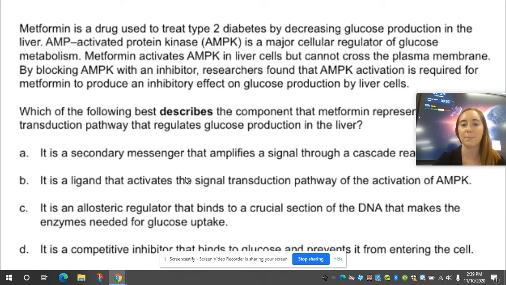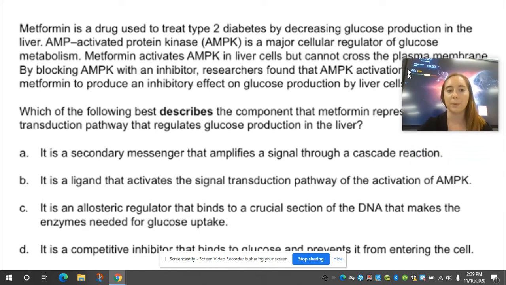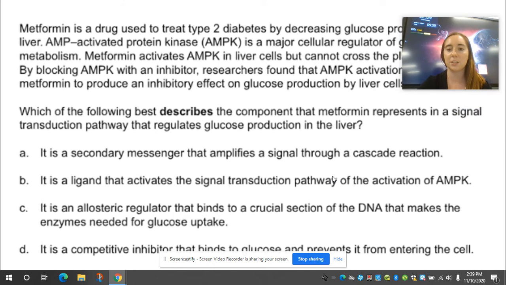Okay, there's a lot of information there. Let's break it down. Which of the following best describes the component that metformin represents in a signal transduction pathway that regulates glucose production in the liver? Even with all that information, the really important thing is understanding that when we talk about these protein kinases, we're looking at ligands and their ability to bind, and then looking at secondary messengers.